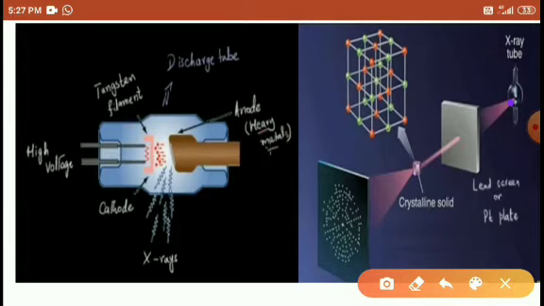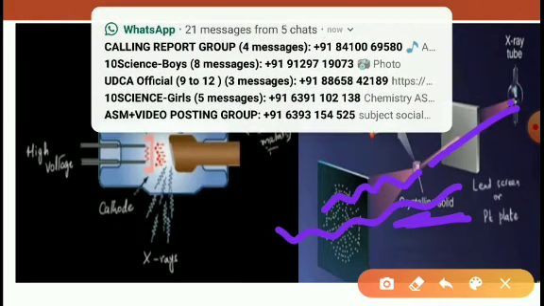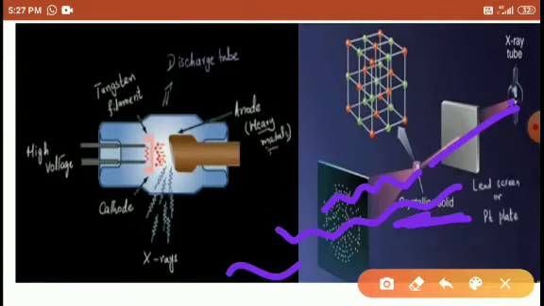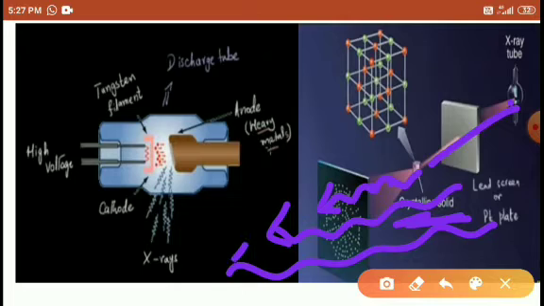When the X-ray passes toward the crystalline solid, it emits different frequencies of light. Some metals emit a small frequency, some a little higher, and some a very large frequency of radiation.